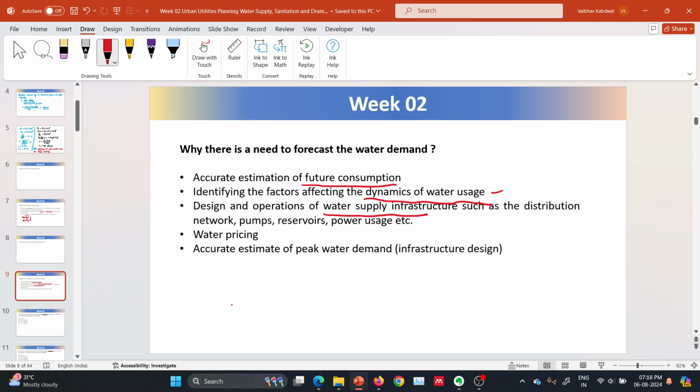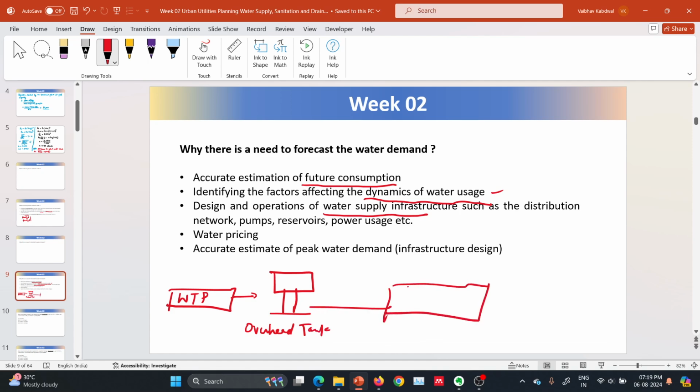So let's take the example. After the water treatment plant, it will be sent to a service reservoir. Let's take this is an overhead tank. This is the overhead tank, and from this overhead tank, it should be designed to the distribution system.